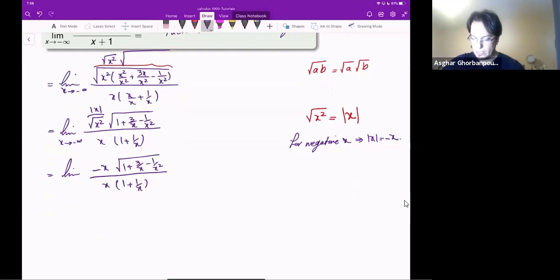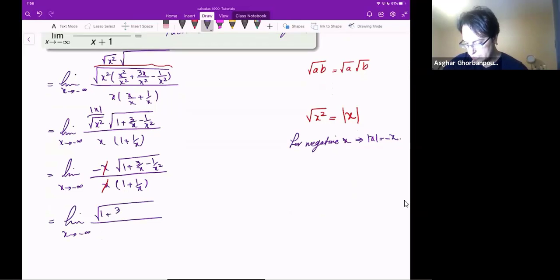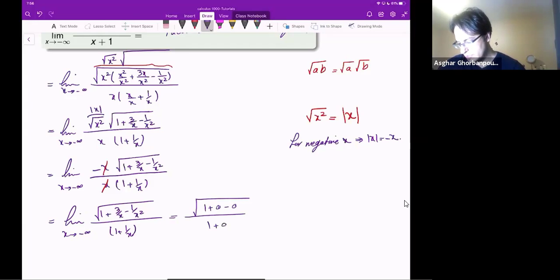Now that we are done with the absolute value, with this root, all those things, I can cancel these two, and I have one limit. Applying the fact that we have been using and the limit laws for limit at infinity, we will get root of 1 plus 0 minus 0 over 1 plus 0.